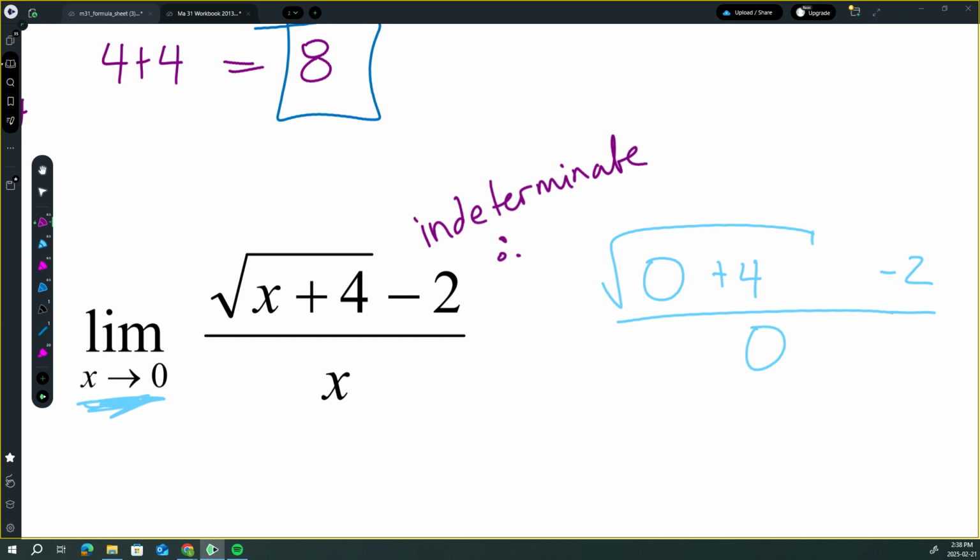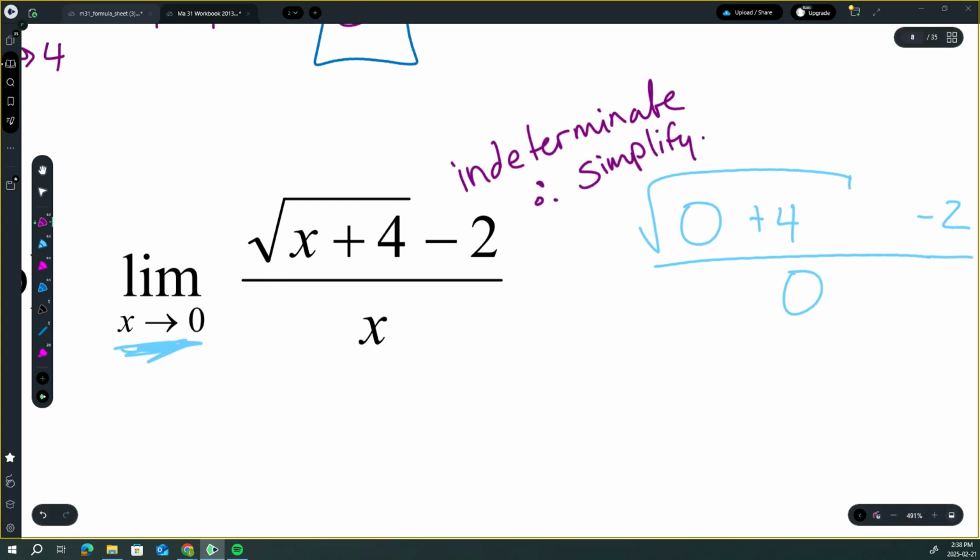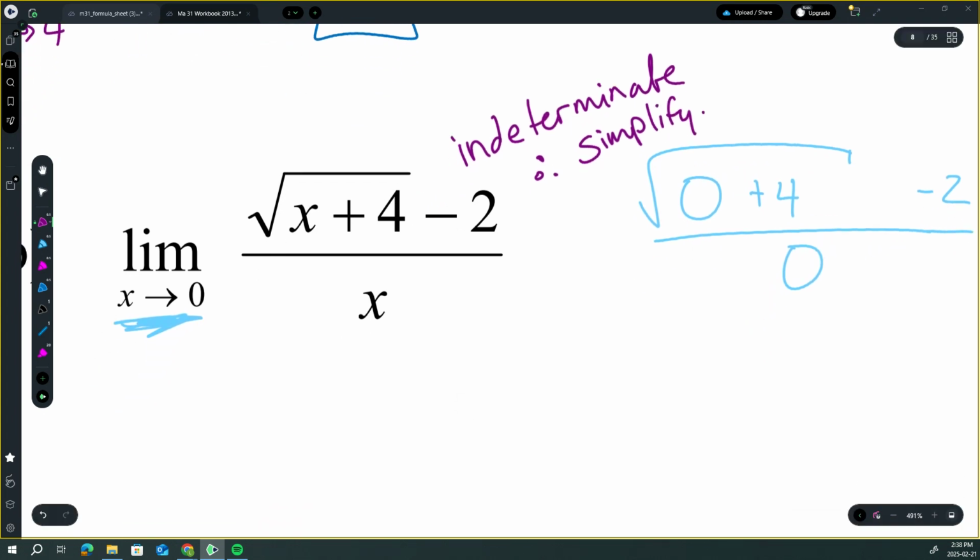Because we have a radical, it's going to be a bit tough to factor here. Instead, the main goal will be to simplify, and how we can simplify when a radical is involved is to multiply by the conjugate. That's usually what you're going to do when radicals are involved.